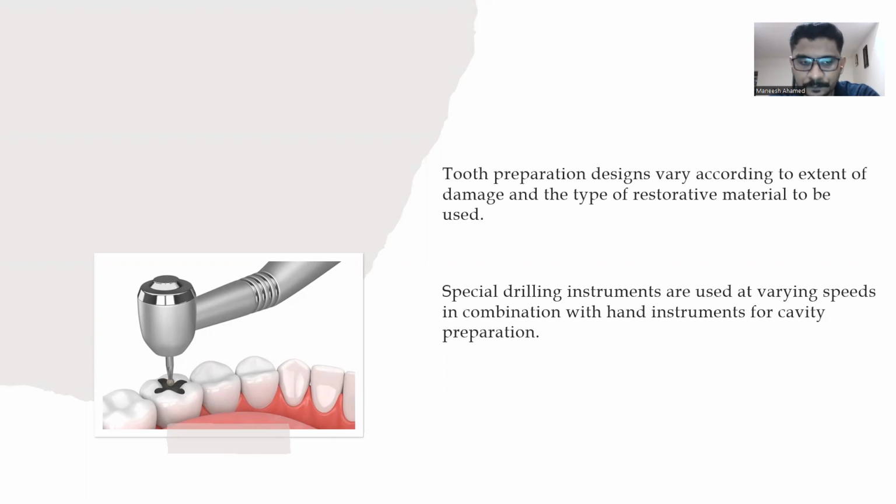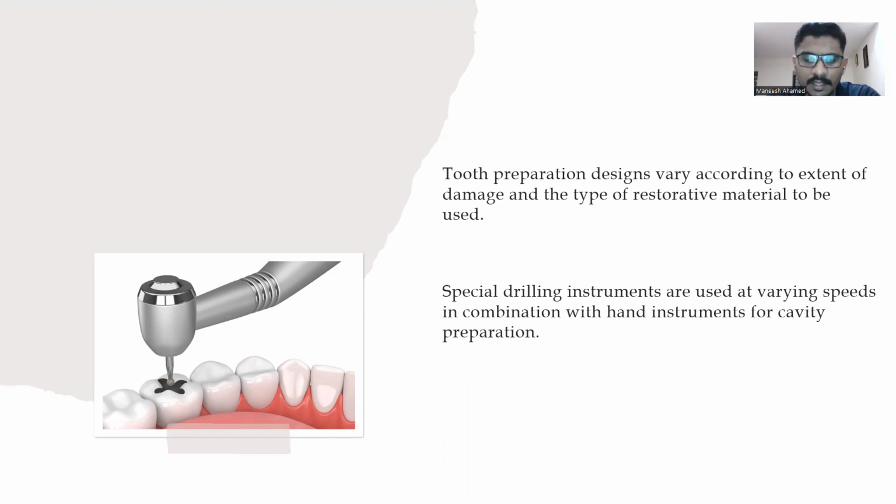If the caries lesion is extensive, we need that kind of material to restore it. So it is interrelated. The tooth preparation design can vary according to the material used to restore the tooth, and at the same time, the material used can depend upon the extent of the damage of the tooth.